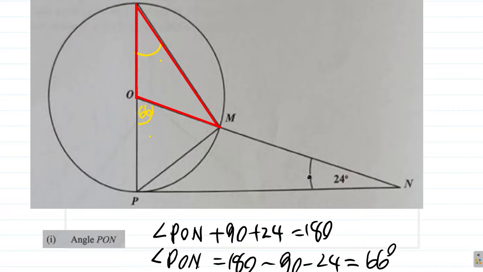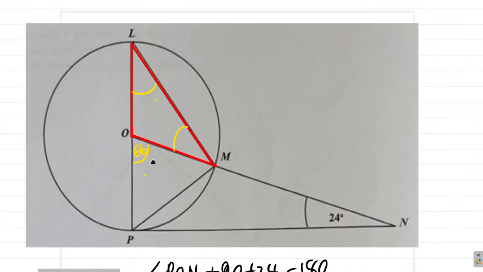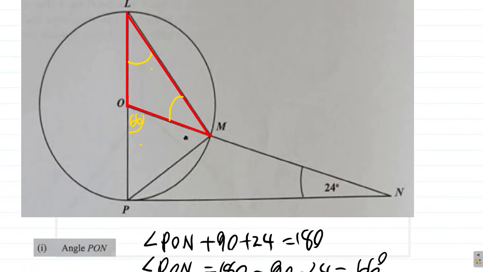Now, look carefully at this thing. What you can do is to say, looking at it, so this angle and this angle will be the same, right? And they ask you for PLM. Okay.